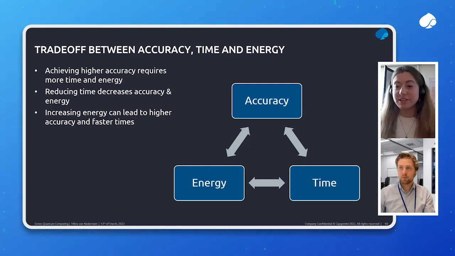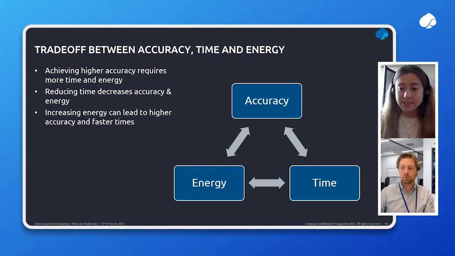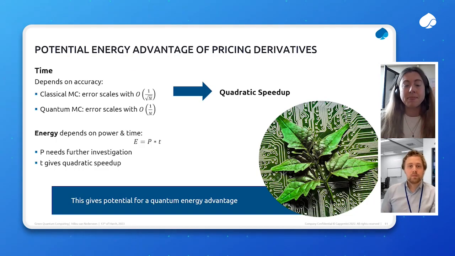But now we also get a relationship with energy, because increasing the energy cost can decrease the temperature and therefore increase accuracy. At the same time, increasing the amount of time that an algorithm takes to run will also increase the energy, and decreasing this time will then decrease the energy consumption. So there's a very interesting relation here that we'll explore.